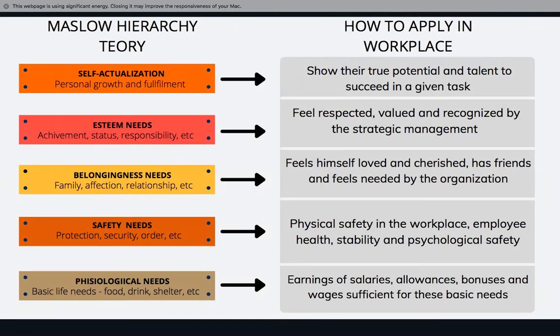The first phase is physiological or biological needs. These needs are the most basic and the lowest level, but the most important to be met by an employee first. Needs in this stage include food, drink, clothing, and shelter. These needs can be met by work management in the organization.